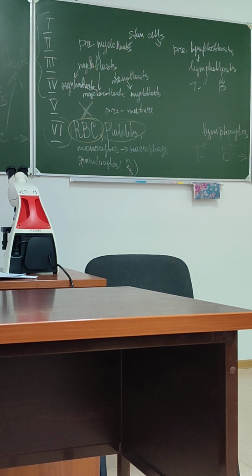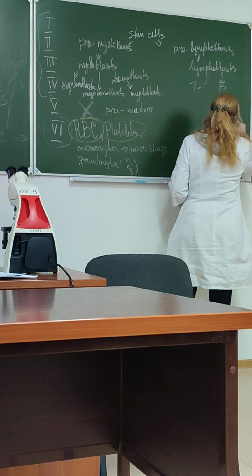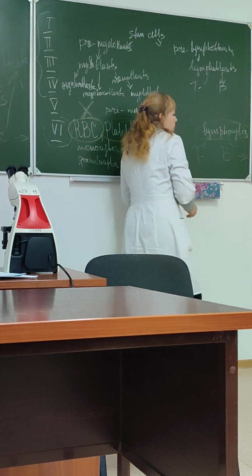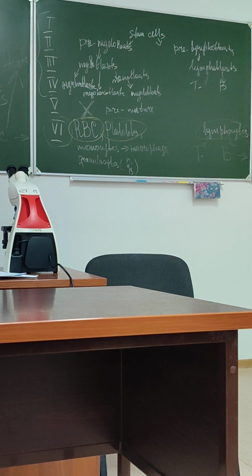Also, the patient has immune deficiency syndrome because lymphocytes and plasma cells are absent, with repeated infections and other symptoms of immune deficiency syndrome, which we discussed in the class on immune pathology.